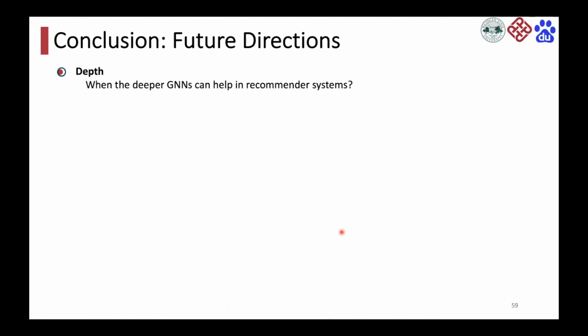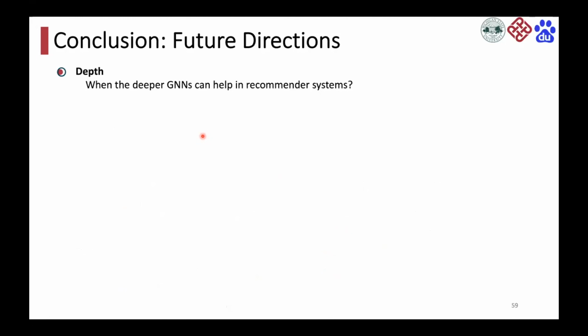In this slide, I just give some directions we can look ahead. Although we can see the power of graph neural networks for recommender systems, we also have some challenges. The first challenge is: do we need a deeper GNN for the recommender system?